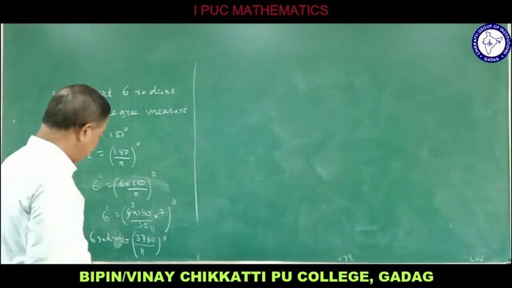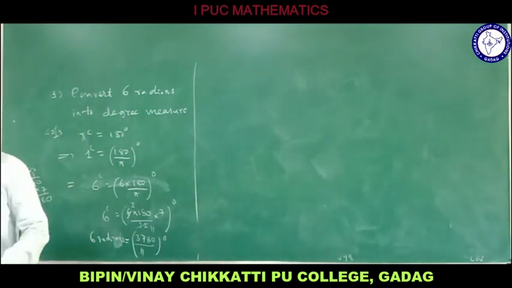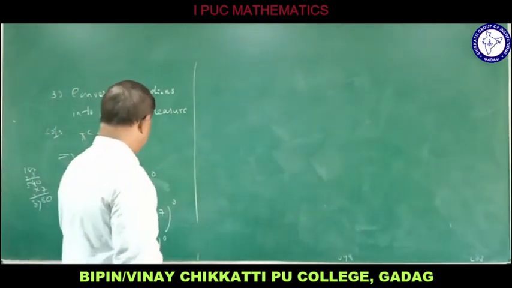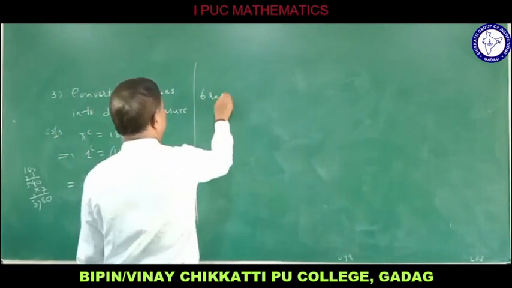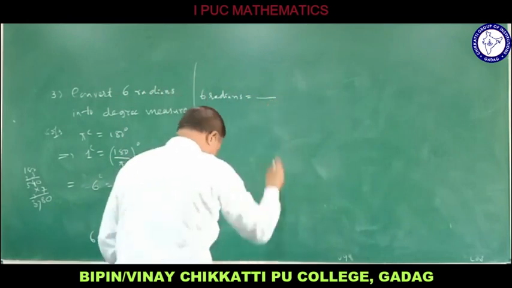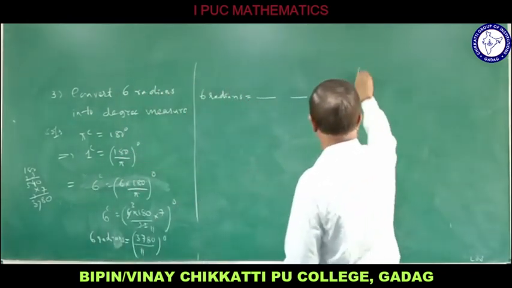As I told you, you know how to find out this, and accordingly we can proceed. Now I say that how we convert this 6 radians is equal to how many degree, how many minutes, how many seconds. This I want to do this.